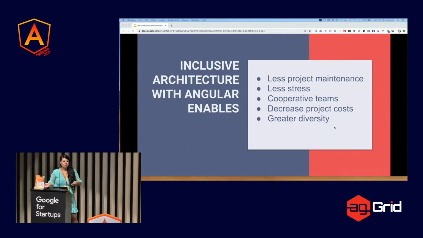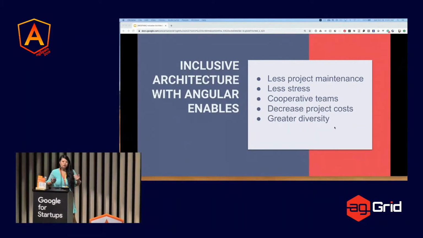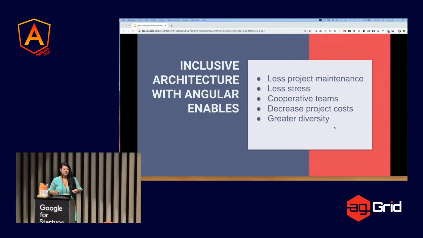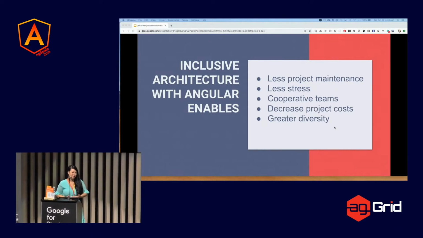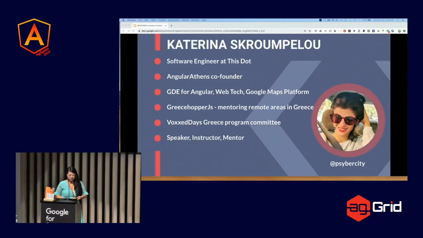It also lowers the cost over time of developers. Again, when you have a more approachable code base, you don't just have to spend money on those senior developers, right? Also, more inclusion. If you can have a team that enables junior developers to be joining, then this allows for a more diverse set of candidates within your organizations.